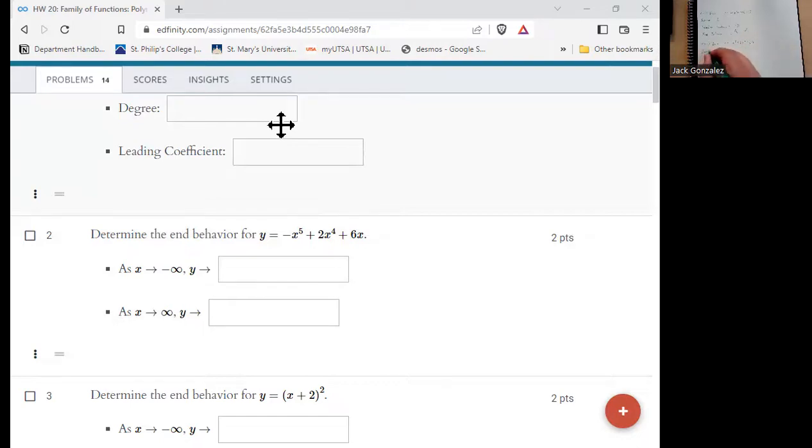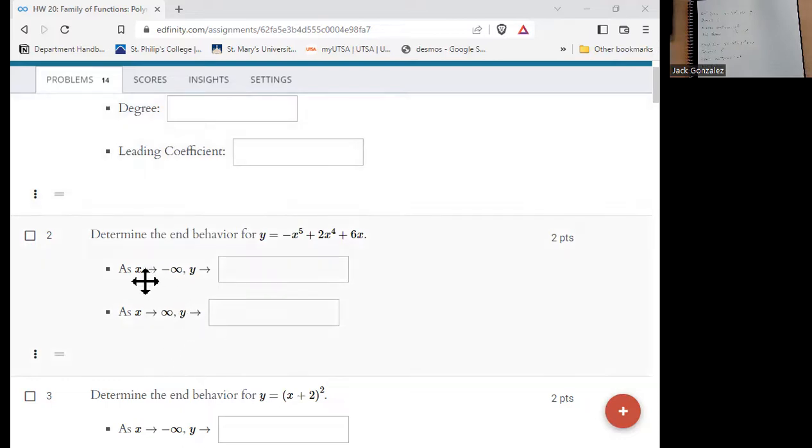What is the degree? What is the lead coefficient? We need those two things to talk about end behavior. The degree, we said, is 5. The lead coefficient is -1.